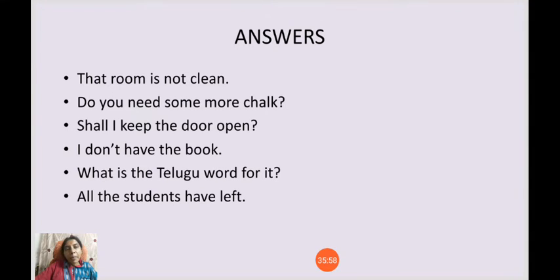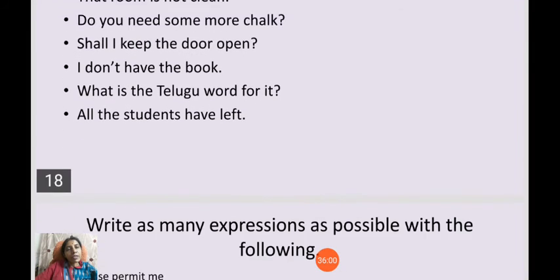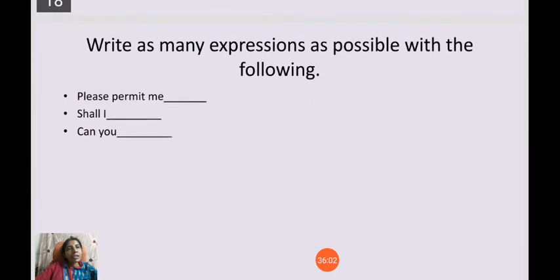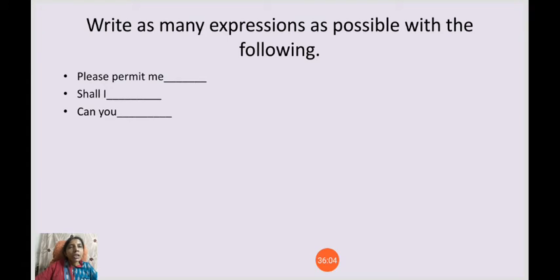Now, let us do another activity. Write as many expressions as possible with the following. So, there are three given.